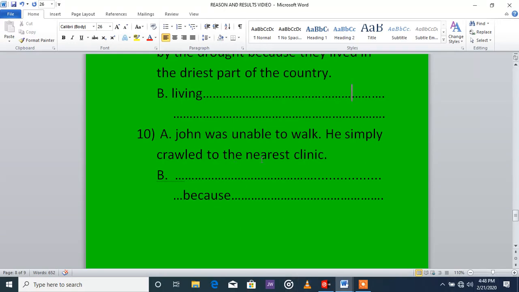So it will read: John crawled to the nearest clinic because he was unable to walk. So there is no comma, but simply a full stop. Others would have said he crawled to the nearest hospital because John was unable to walk. But beginning with John, then "he" at the end, it will be better.